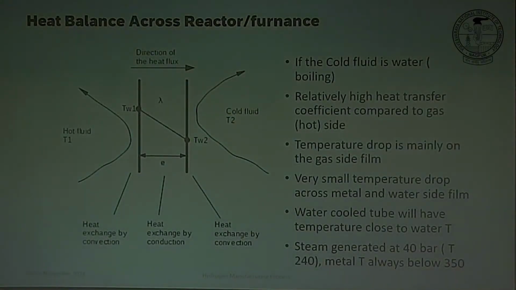So for example, if we are generating 220 degree steam here, the temperature drop across the water side is very low, maybe let's say 10 degrees, and across the metal another 10 degrees. My metal on this side will be 260 degrees, right? So that's the way you could cool the gas, and your metal will never see temperatures above 300 degrees. So that's an intelligent way compared to just quenching the gas.